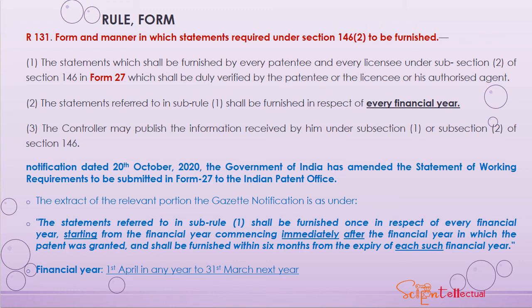That is a very important amendment done in recent time, related to Form 27, which is the statement of commercial working, or to what extent the patentee or licensee has worked commercially in India.